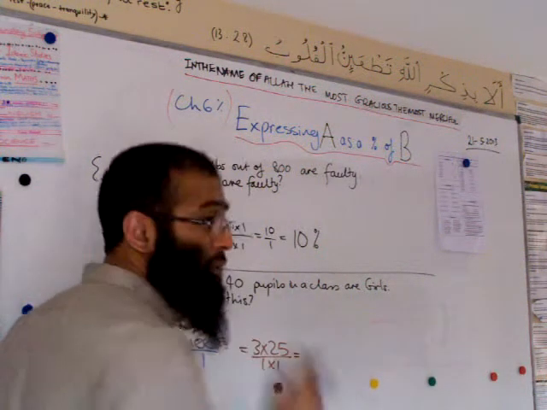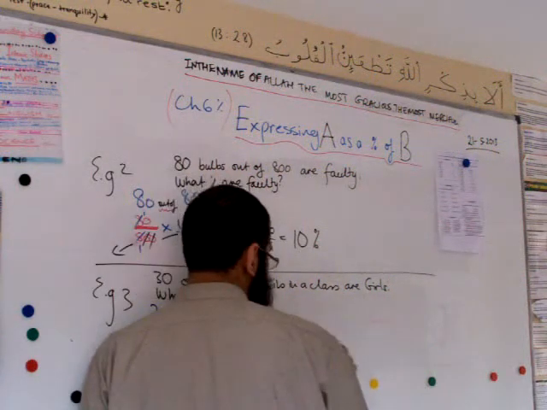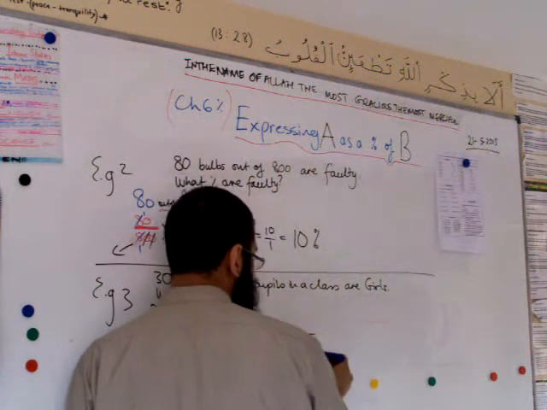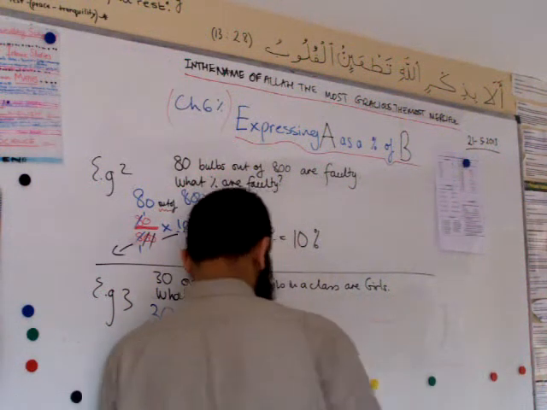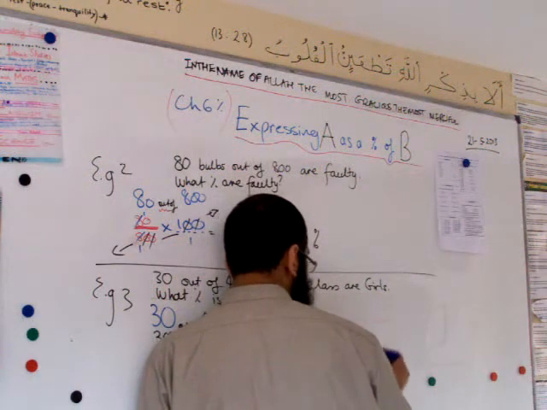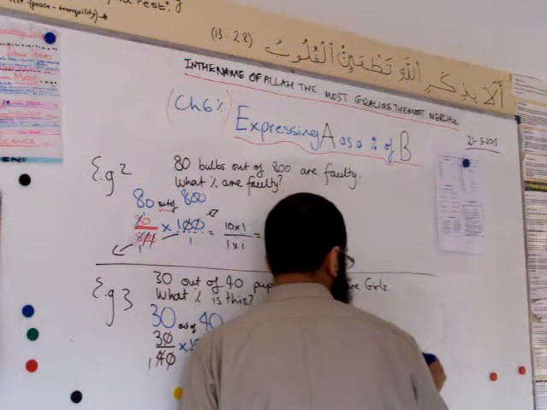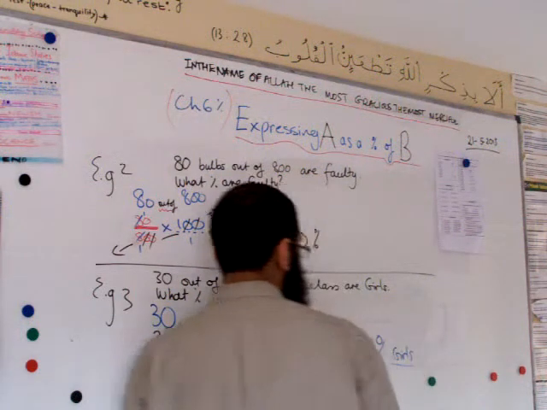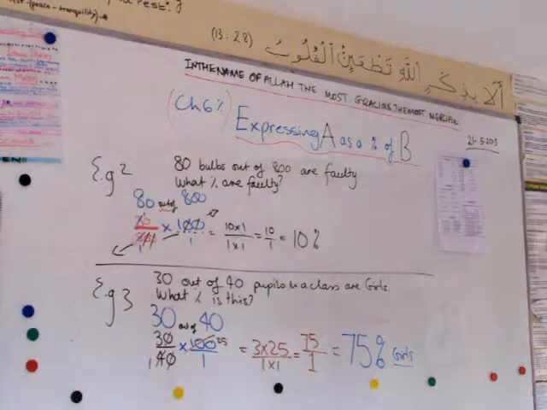So 3 times by 25 is 75, and 1 times by 1 is 1. 75 divided by 1 is 75. Okay, are we happy with that?